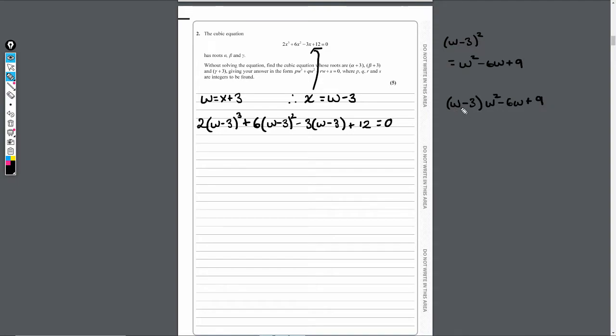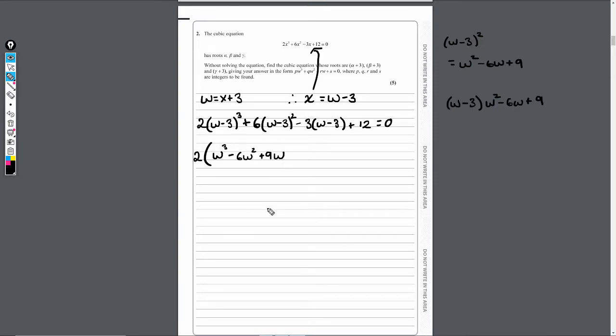So I can expand across this: w times this, this and this, and then minus 3 times this, this and this. This is going to be quite long. So this is 2 lots of, w times w squared, that'll be w cubed. W times minus 6w, that'll be minus 6w squared. W times 9, that'll be plus 9w.